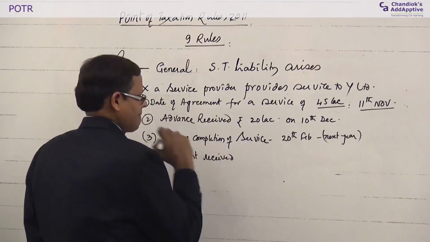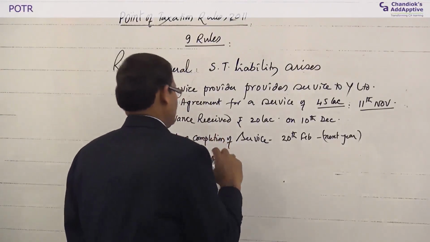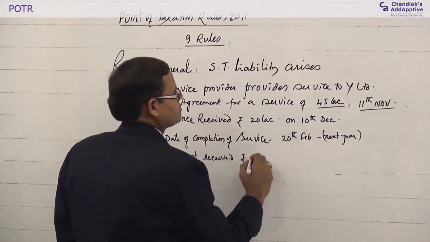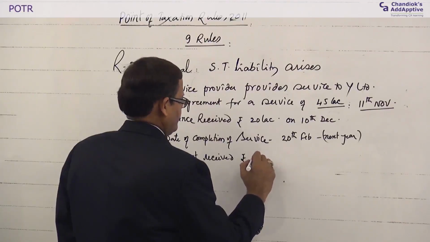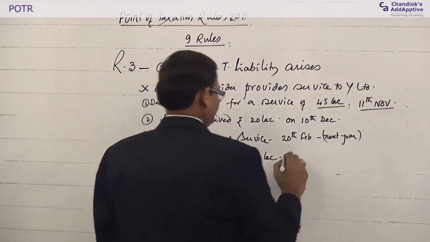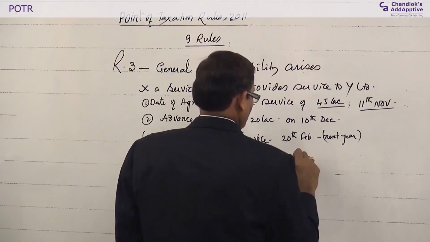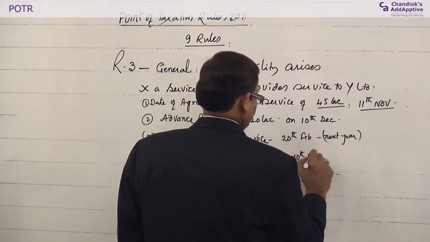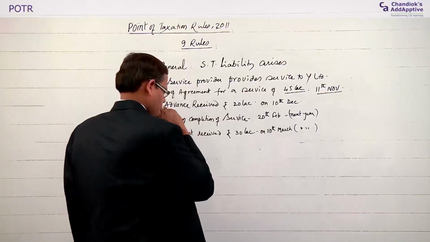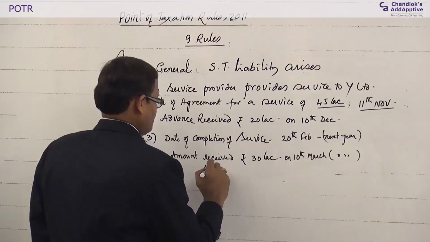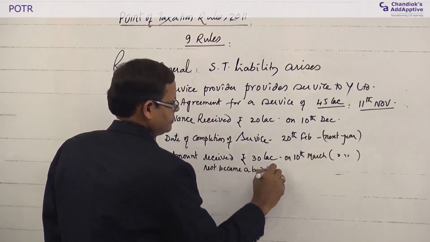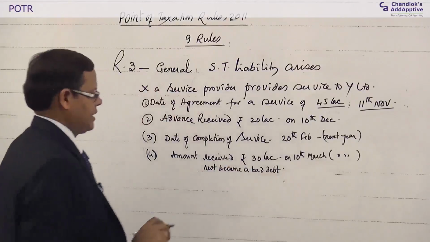Amount received: rupees 30 lakhs on 10th March next year, obviously. The rest became a bad debt.